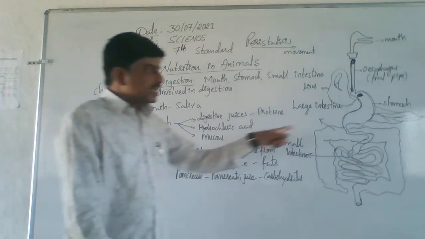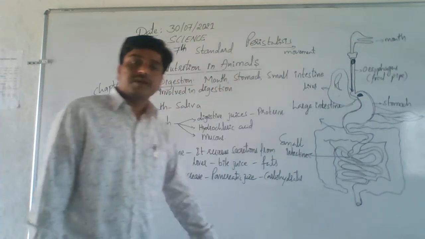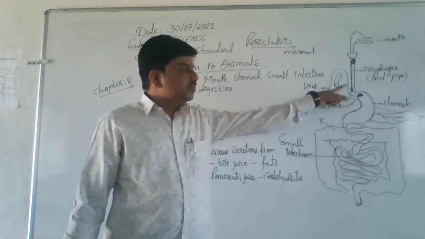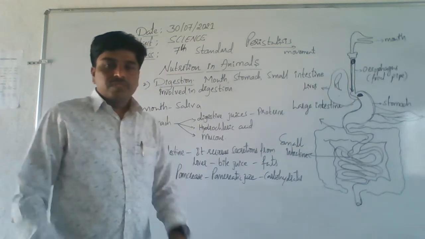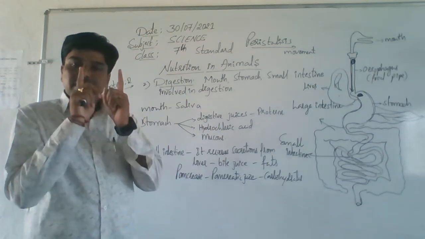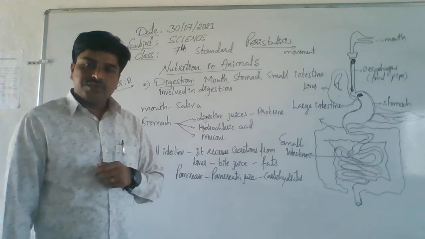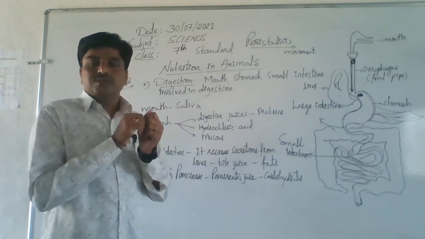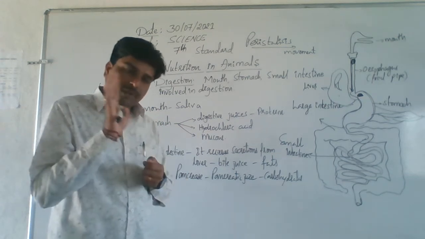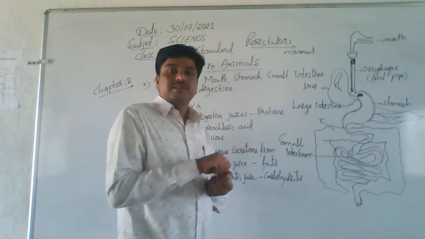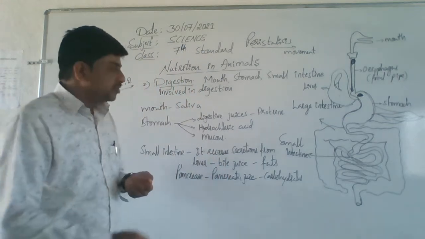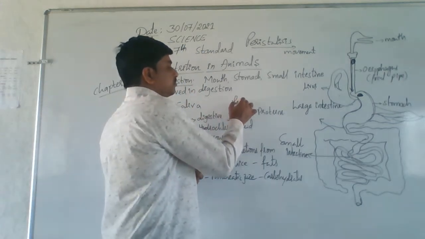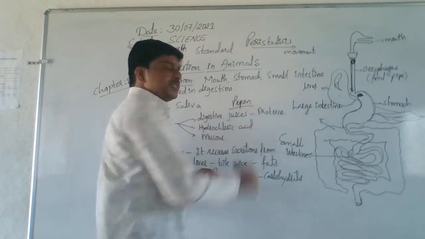Let's see what exactly happens in the stomach. After the food reaches the stomach, the inner wall secretes digestive juices, especially pepsin. Its name is pepsin.